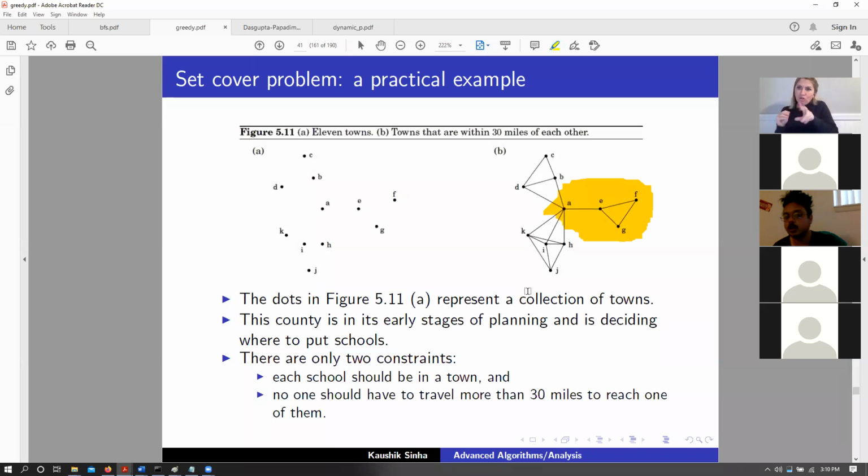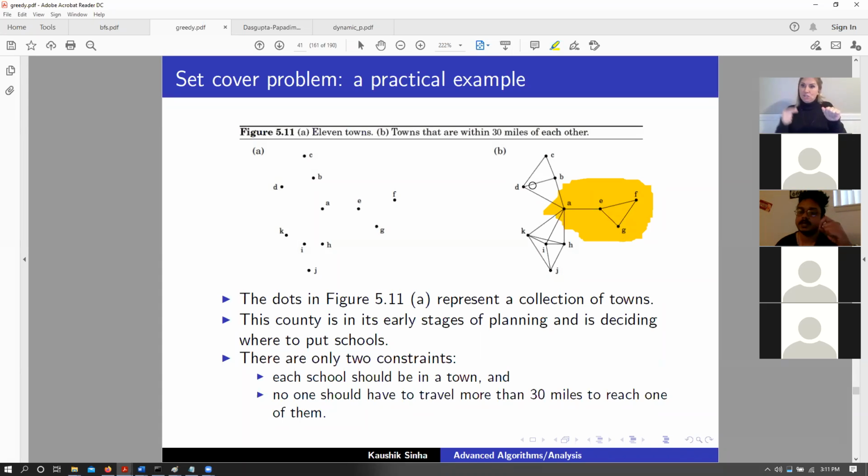So you want to place as few schools as possible, but every child can be at most 30 miles away from a particular school. So if you place a school at this particular vertex E, that can serve 4 towns, E itself, but also A, F, and G, right?